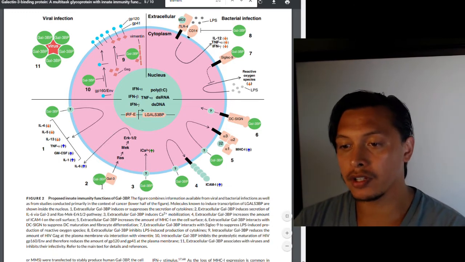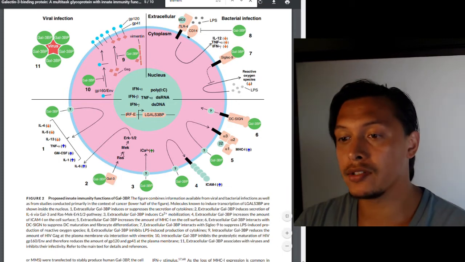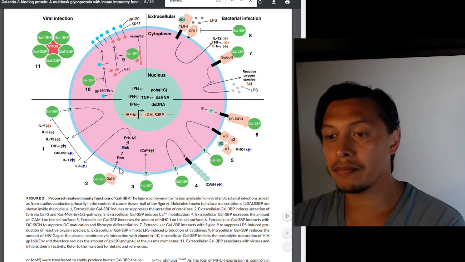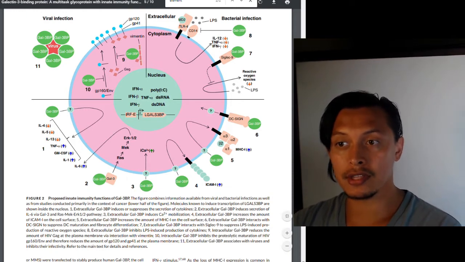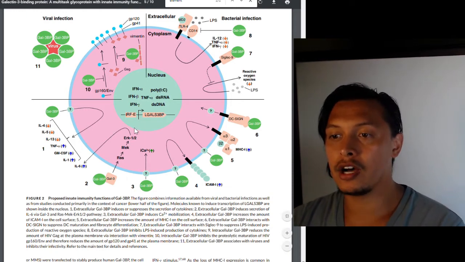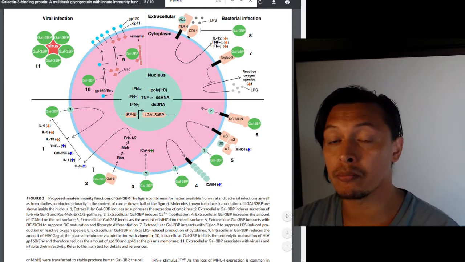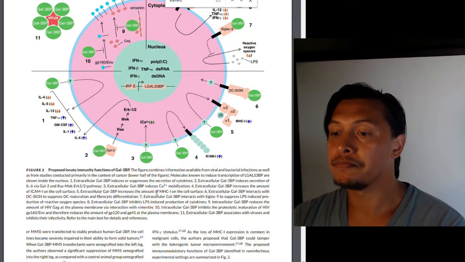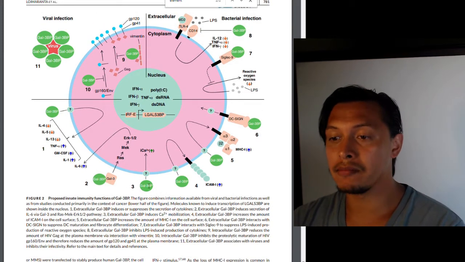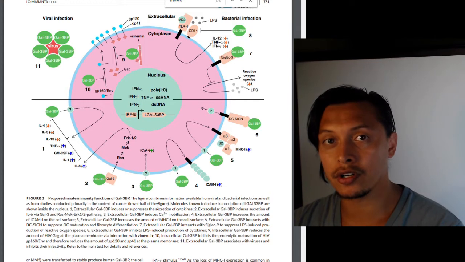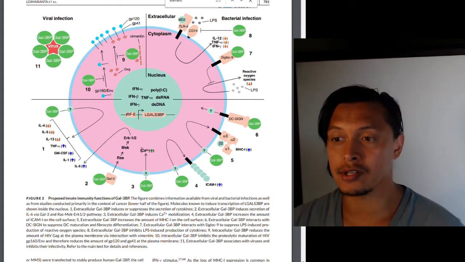Two, Galectin-3 binding protein in interaction with Galectin-3 can cause a cascading pathway, which then causes transcriptional changes within the nucleus, and this ends up producing more interleukin-6, which is also a pro-inflammatory cytokine. Through some unknown mechanism, it is also able to increase intracellular calcium, which could be a signal for a range of different calcium effects.